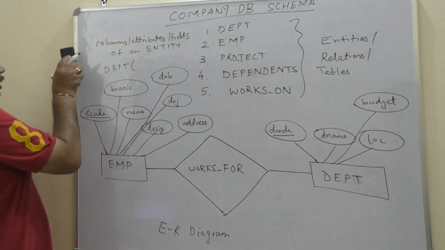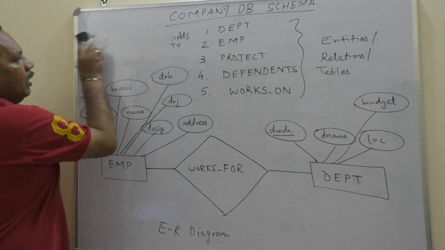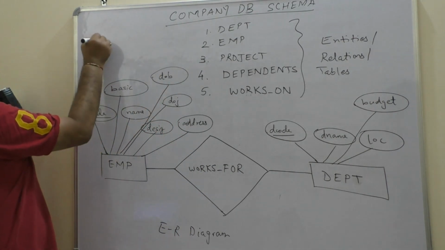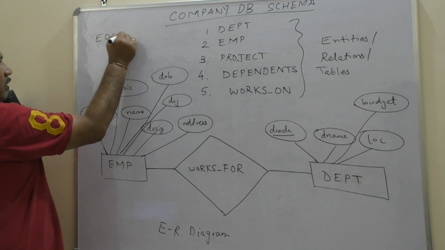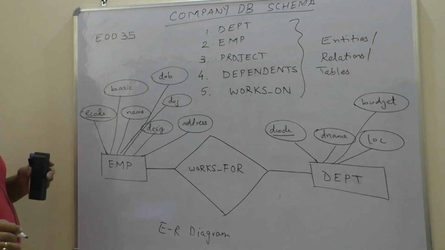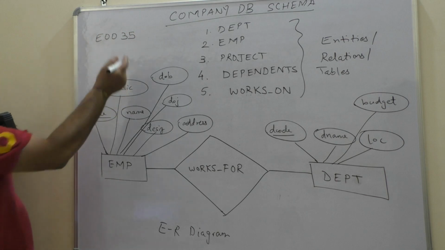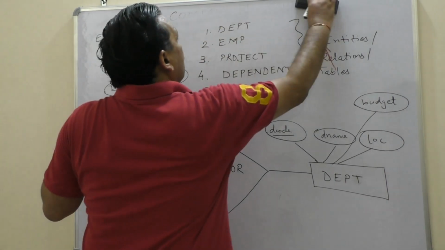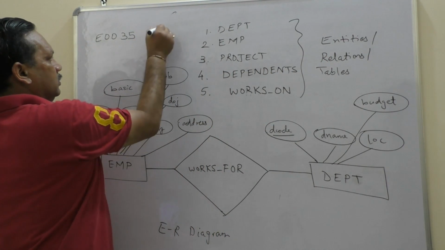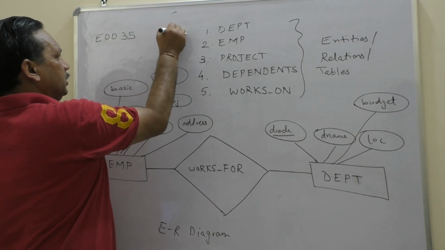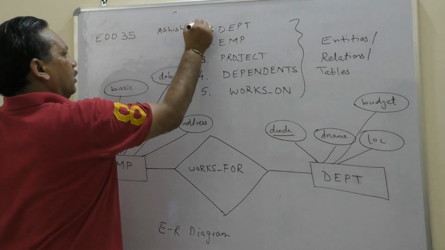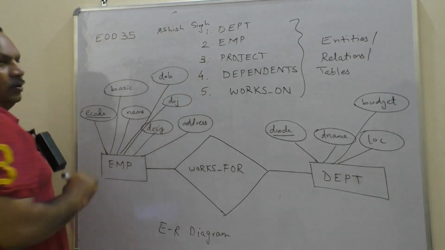Suppose an employee has the employee code E0035. Suppose his name is Ashish Singh, and this is his employee code.